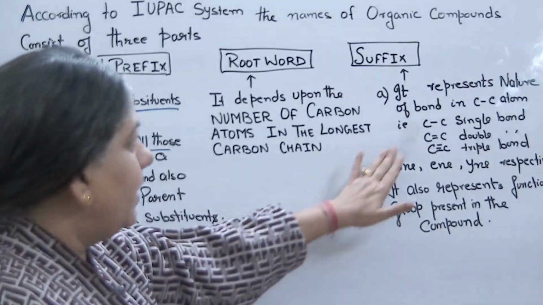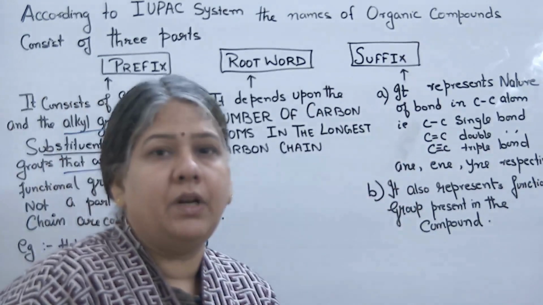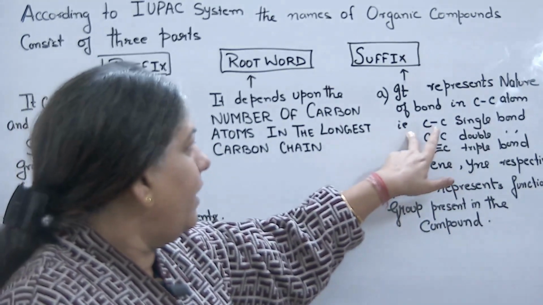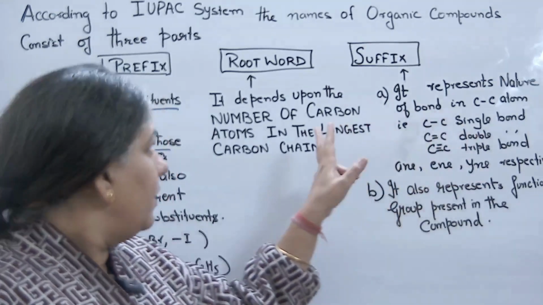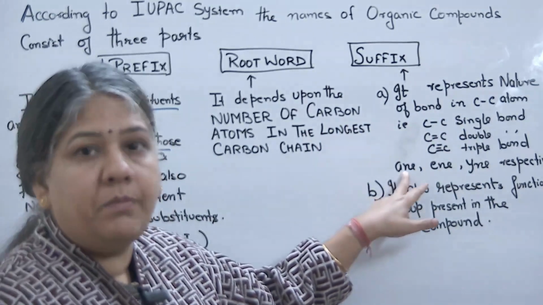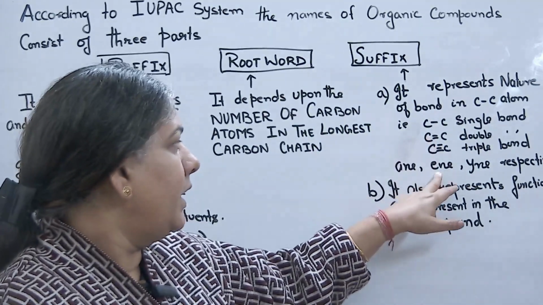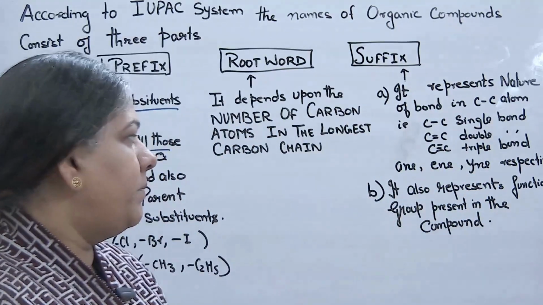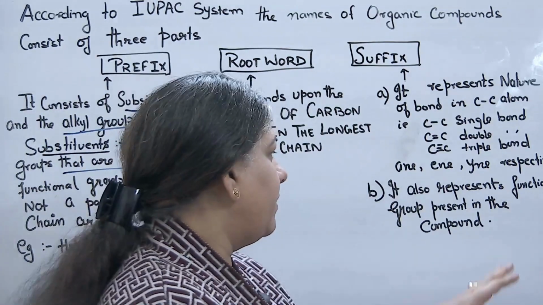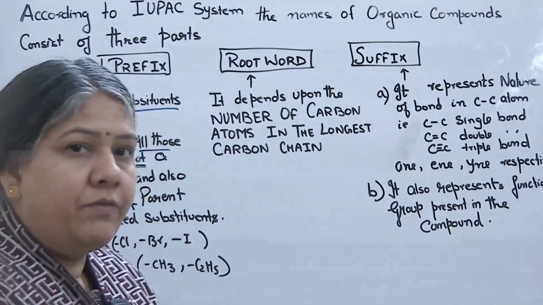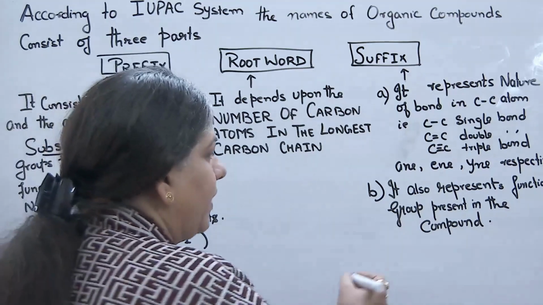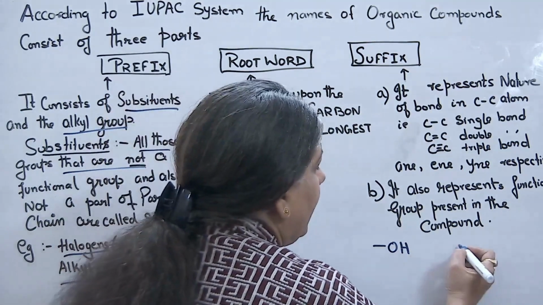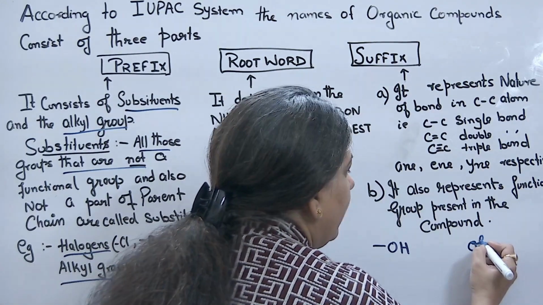Then suffix, it represents the bond that is present in the longest carbon chain. See, if there is a single bond, then the root word will be followed by "-ane", for double bond "-ene", and for triple bond "-yne". Suffix also represents the functional group that is present in the compound. So if the functional group is alcohol, OH, then the suffix will contain "-ol".